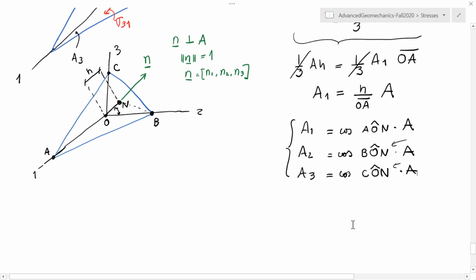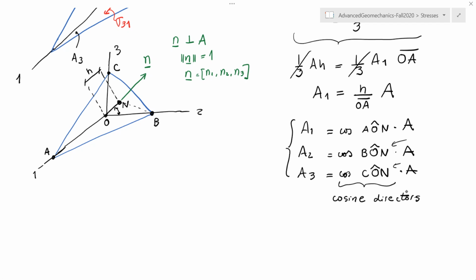All right, so these are going to be our cosine directors, and actually are going to be the components of the vector n. The vector n that we have over here is just going to be composed by these cosines.